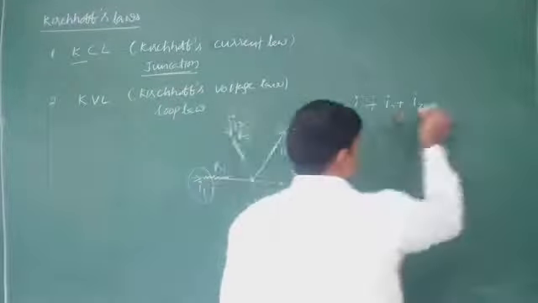Those junctions are the first one A, second one B, third one C, and fourth one D.